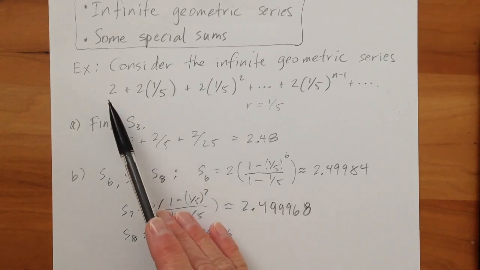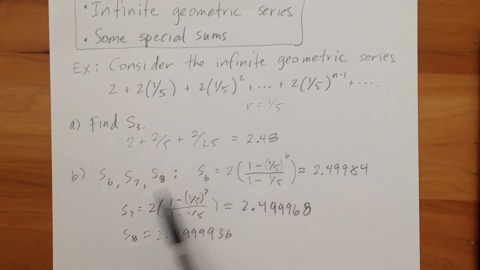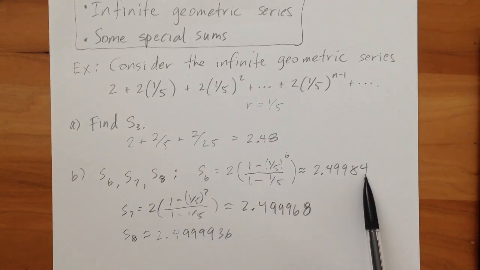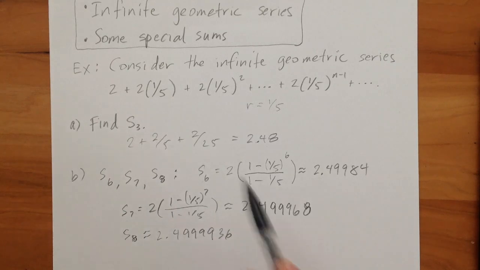Okay, so if I add the first three terms, I get 2.48. If I add the first 6 terms, I get 2.49984. S sub 7, how does that relate to S sub 6? It just means we're adding another term.